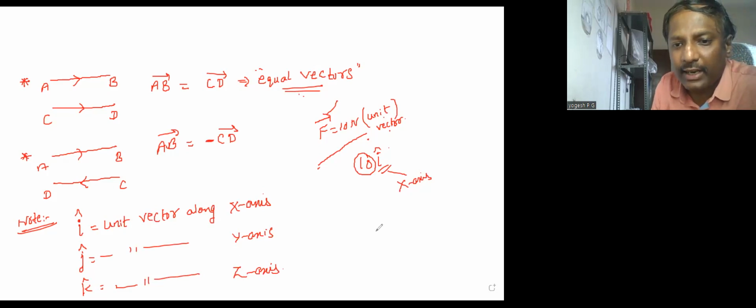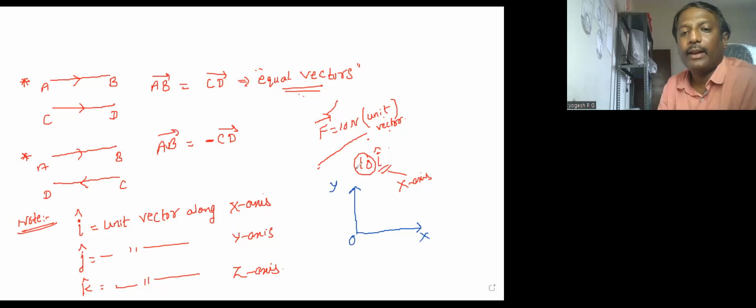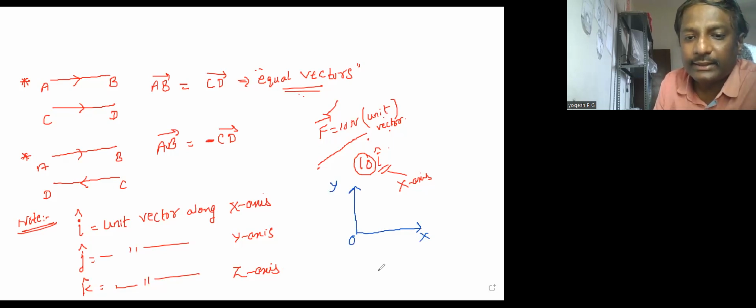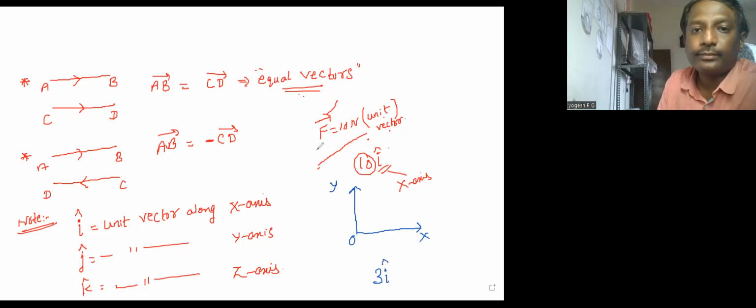Suppose this is the x-axis, this is O, and this is the y-axis. If I say 3 I cap, how will you represent 3 I cap?